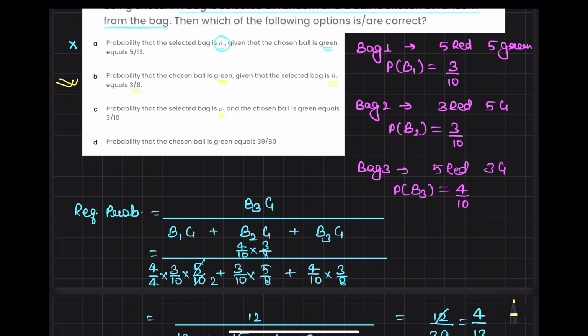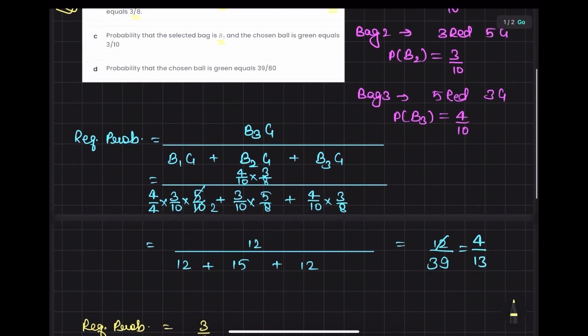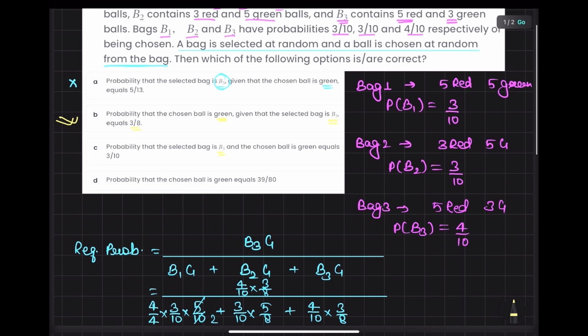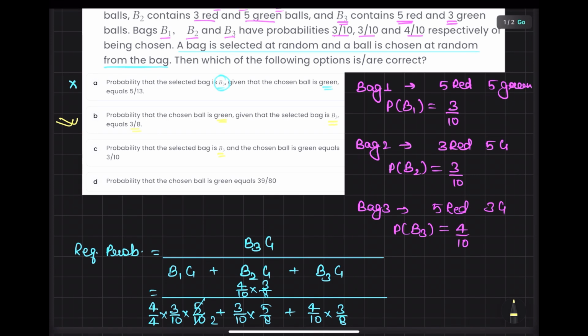The probability that the selected bag is B3 and the chosen ball is green. So look at this, how will we handle this situation?